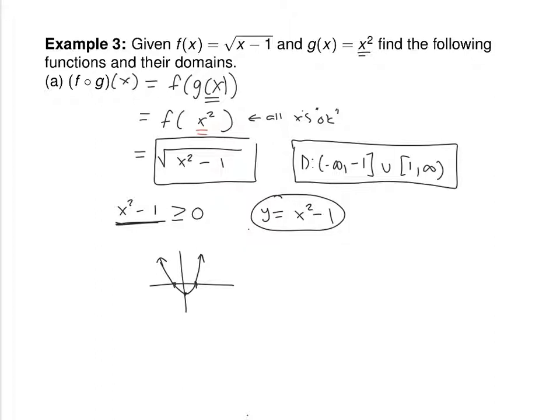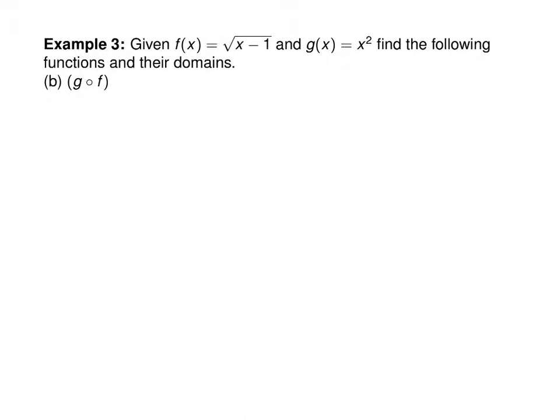Okay. How about this next one? We have the other composition, g of f. So g of f of x. f of x is root x minus 1. And you stop and pause and ask yourself, at this stage, are there any numbers that I can't plug in?